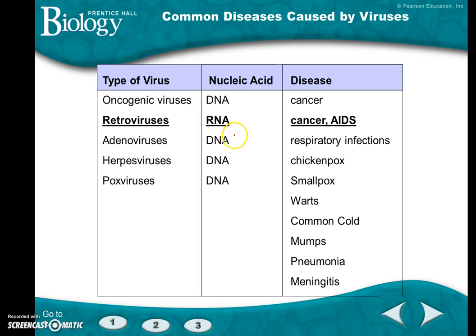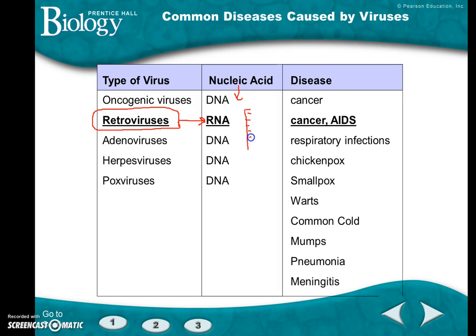And you'll see that we talked about having either DNA or RNA as the nucleic acid, and some diseases that they're connected with. A retrovirus, and write this down, simply means that it has RNA as its nucleic acid. As you remember from our lessons on protein synthesis, RNA only has one side to it.